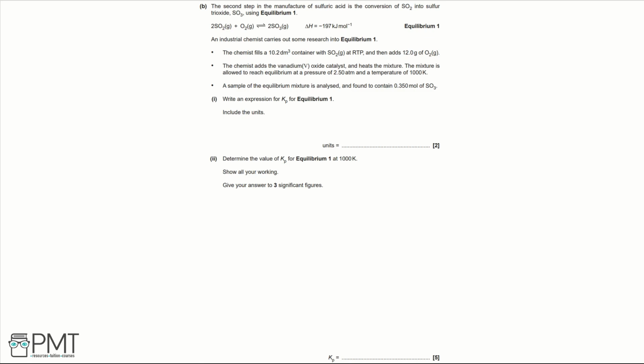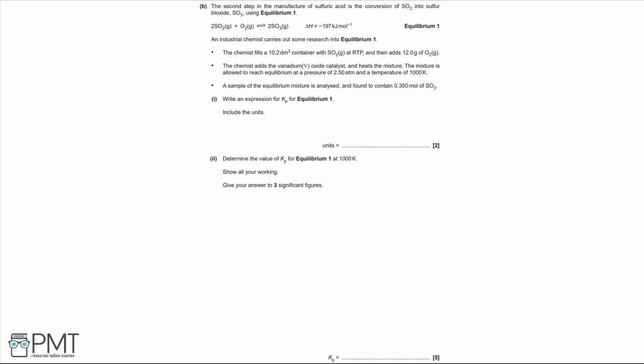The chemist adds the vanadium 5 oxide catalyst and heats the mixture. The mixture is allowed to reach equilibrium at a pressure of 2.50 atmospheres and a temperature of 1000 Kelvin. A sample of the equilibrium mixture is analysed and found to contain 0.350 moles of SO3.